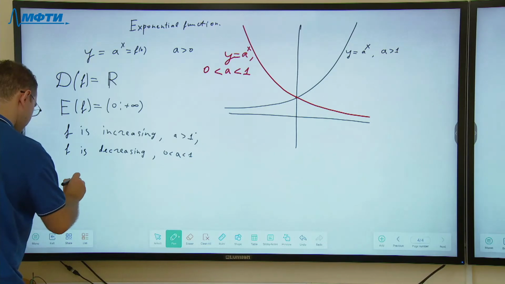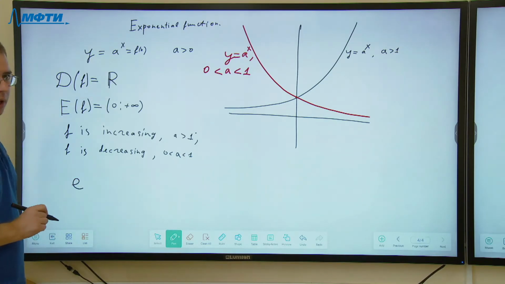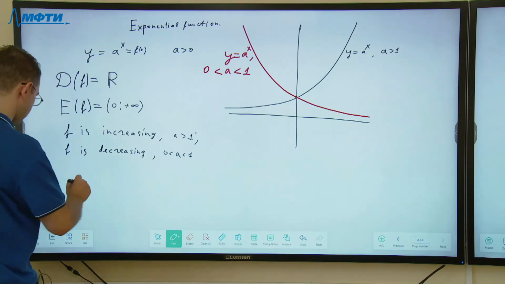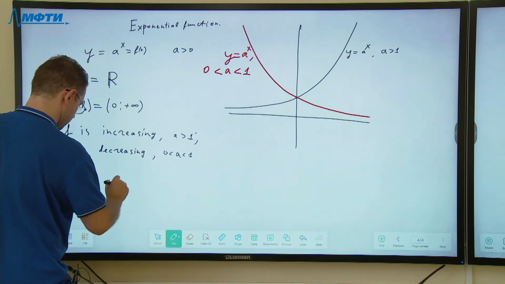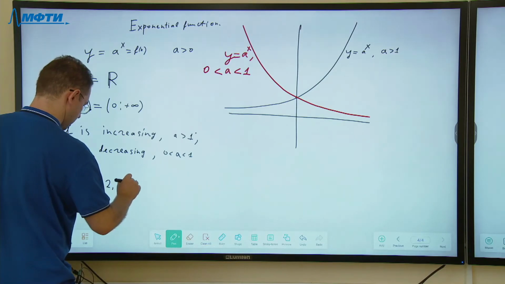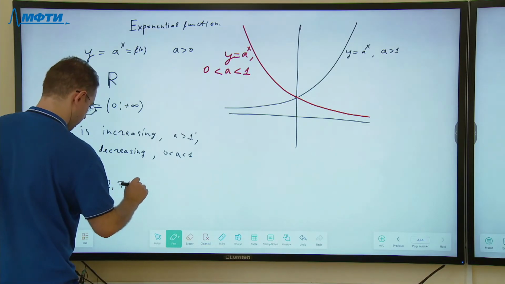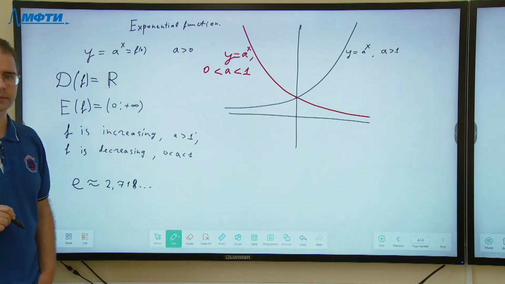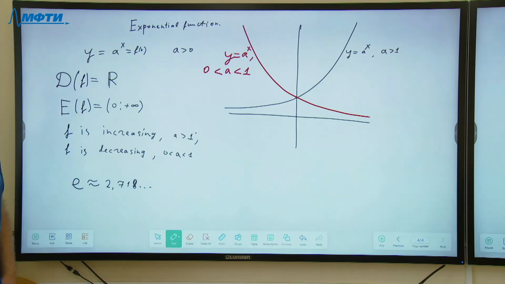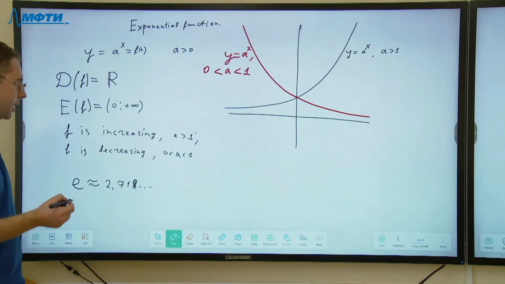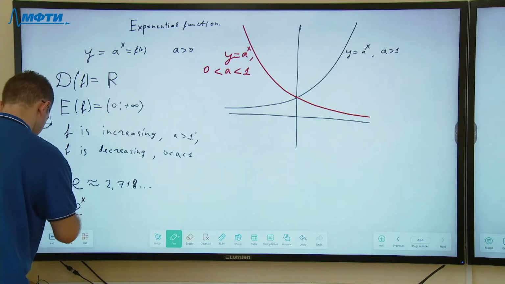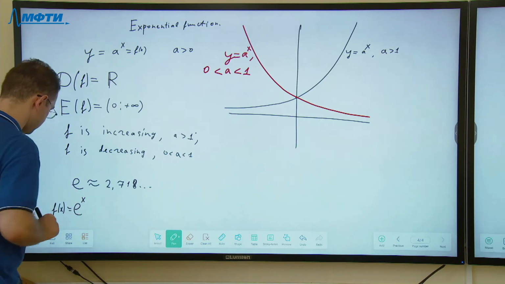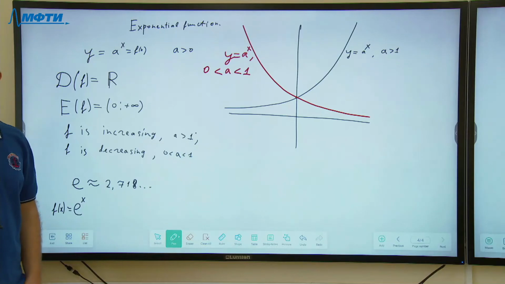I will call it number e, and this is approximately 2.718 and so on. And we will discuss the function e power x. This is the best of exponential functions.